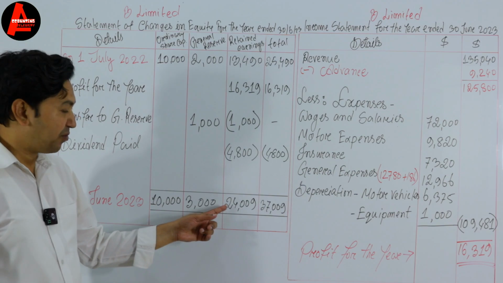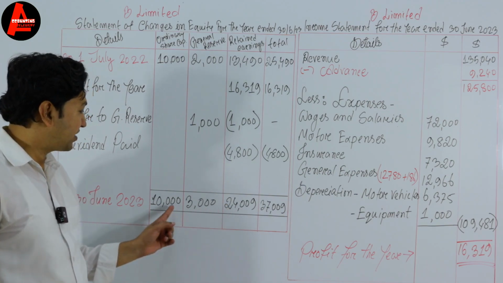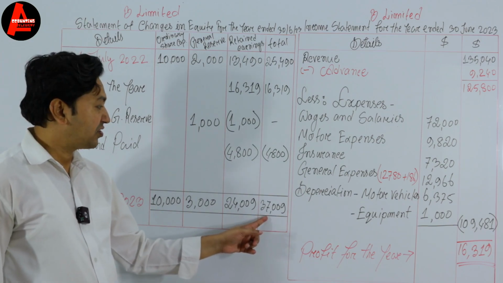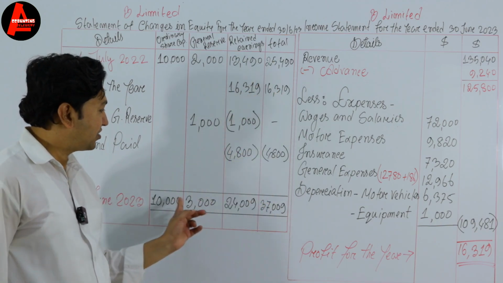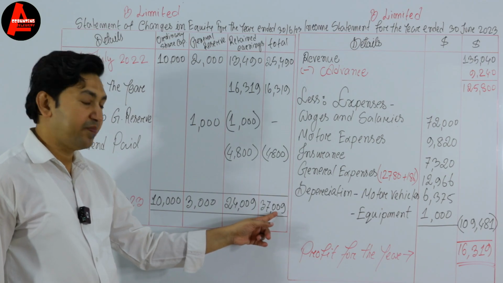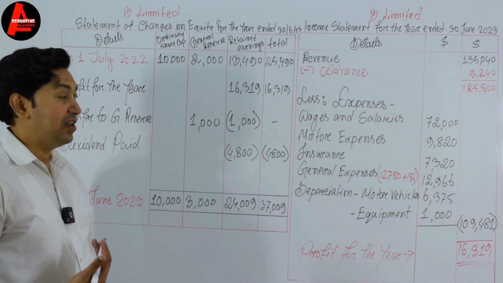If we add these amounts horizontally, $24,009 plus $3,000 plus $10,000, we get the same amount, $37,009. If the total vertically and horizontally is the same, then you can think that your calculations are correct.